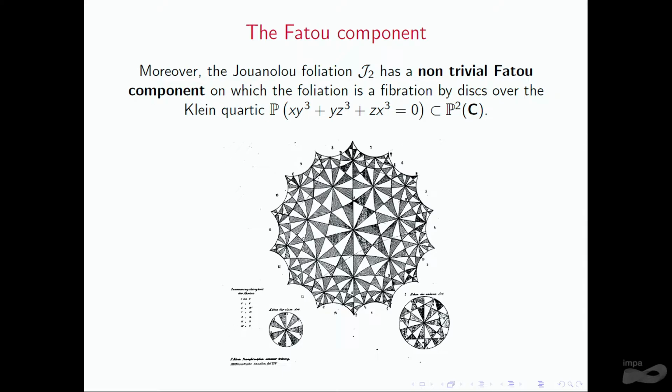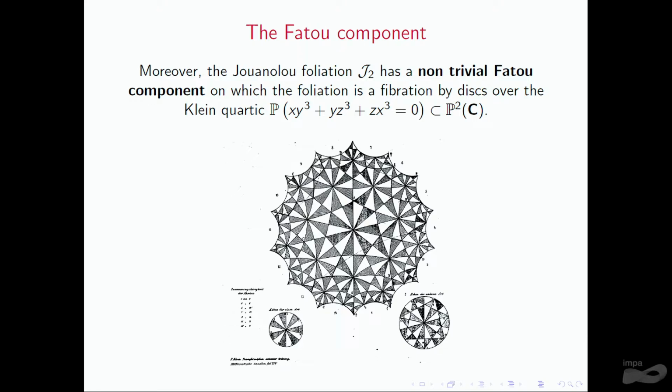And this function is holomorphic and takes values in an algebraic curve, a Riemann surface, which is a Klein quartic. I wrote the equation of that curve here. So this is the equation of that curve in the x, y, z coordinates.